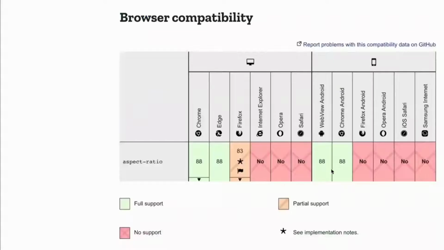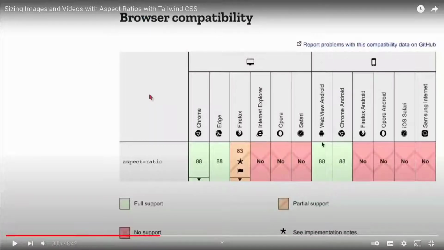Now what is the drawback of this? Why can't we just directly use this native CSS property for all our websites, right? The reason is browser compatibility. The native property is currently in development stage. It is new, so it is not supported in various browsers like Internet Explorer, Opera, Safari, and other browsers in the list.